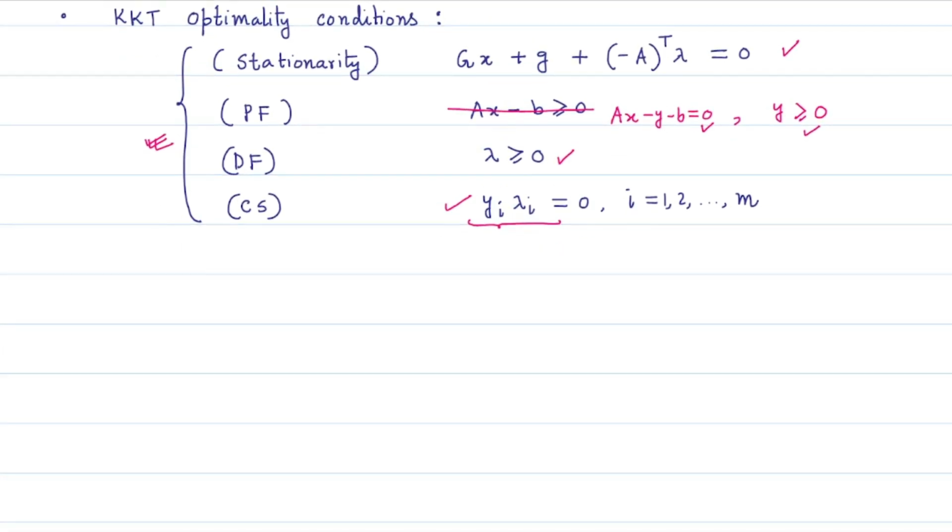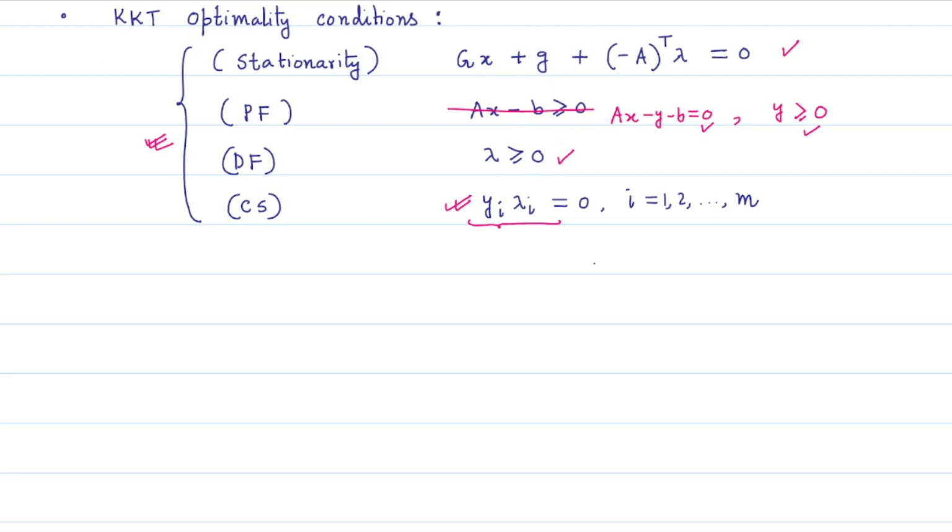We notice that apart from the complementary slackness condition, we have a set of linear equations and linear inequations. And we all know the intersection of linear equations and linear inequations essentially gives us a polytopic region.